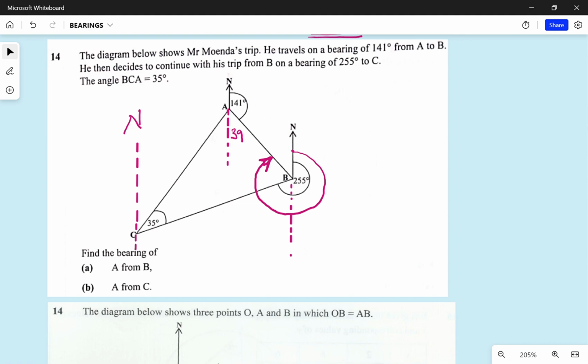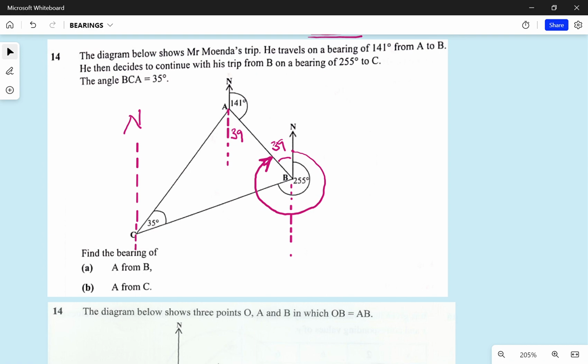If that is 39, we know by alternate angles that this is also 39. That is 39 as well. If this is 39, what will be the angle of B?